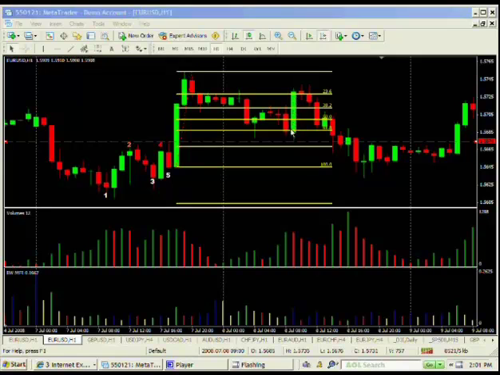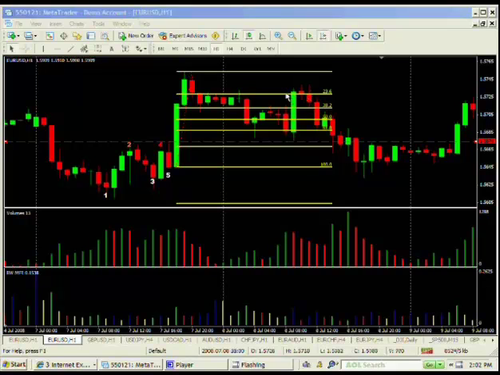Because if we're going up floors and we're going to continue to go up floors, our momentum has to stay up in order to keep us going up. And now our momentum has changed. And now, once we close below this 23.6, this 23.6 level now becomes resistance to a further up move.